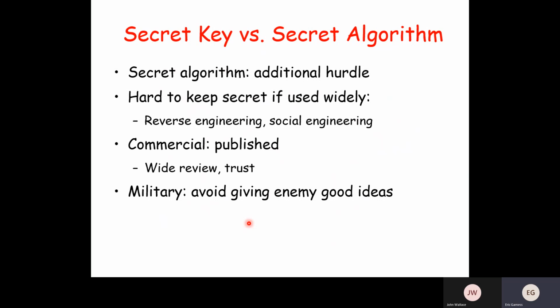There are two possibilities when you develop an encryption algorithm. One possibility is that you develop an encryption algorithm and you make it secret. For example, in your company, let's say that you have 10 employees that work on a very secret project. They use an encryption algorithm and only these 10 people know it. You don't publish it. So it has the benefit that very few people know the encryption algorithm.